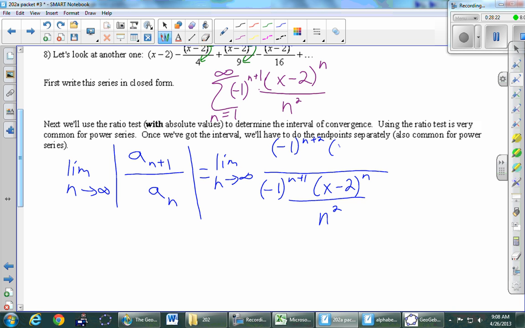This becomes x minus 2 to the n plus 1, divided by, used to be n squared, now it's n plus 1 squared. Every n becomes n plus 1. And of course, absolute value around the whole thing.